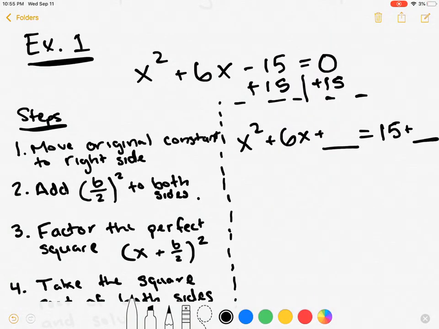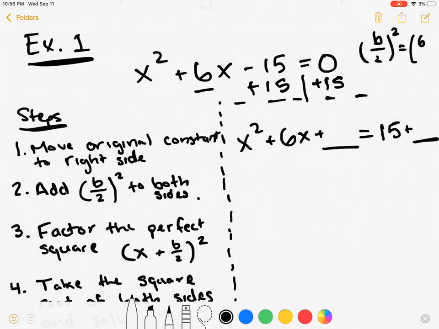Okay, so first we need to figure out what that constant is, what we can add. So I'm going to do that kind of on the side here. Remember, our term should be b divided by 2 quantity squared. And it again means that we've got to identify what our b coefficient is. So in our quadratic, our b coefficient here is going to be positive 6.